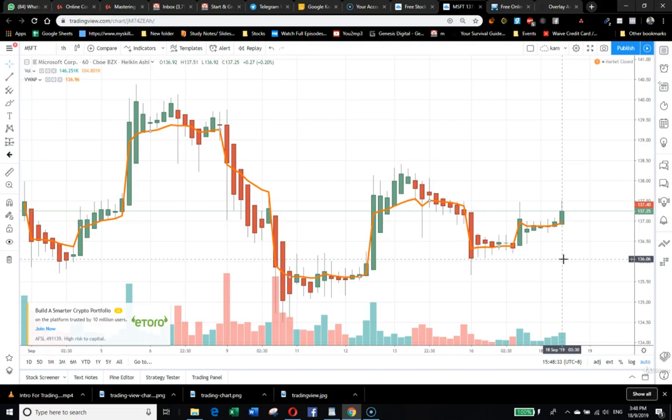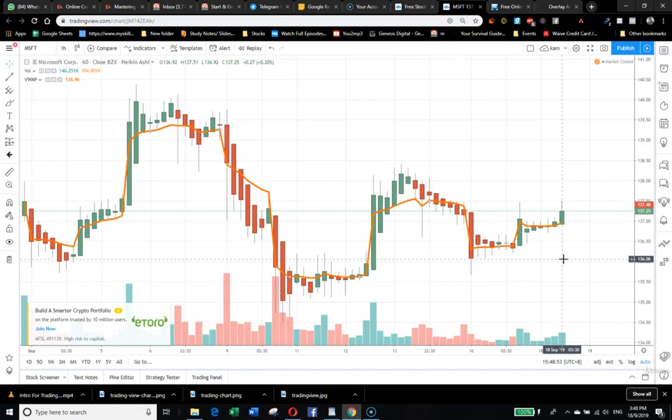Normally when we look at price reacting to something, wouldn't it be nice to have an indicator which gives us an indication based on volume?